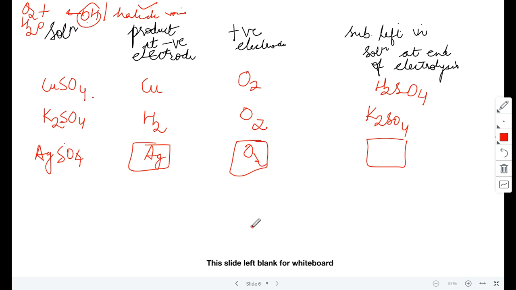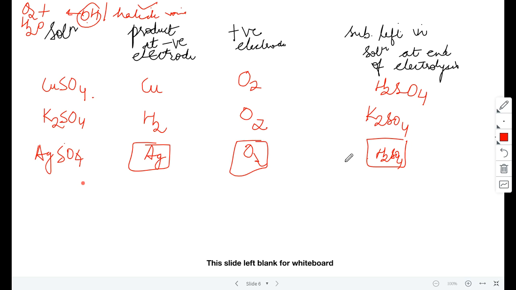And now what will be left? Hydrogen sulfate. See, it's so clear to you now. It will come with practice only. Okay. Now it's clear to you, right? It's easy. You just have to keep some things in your mind.